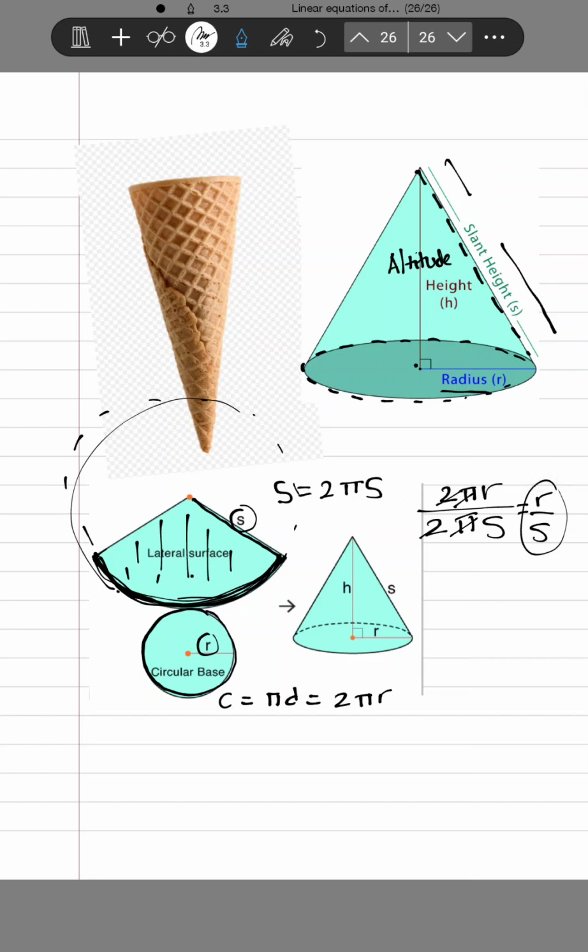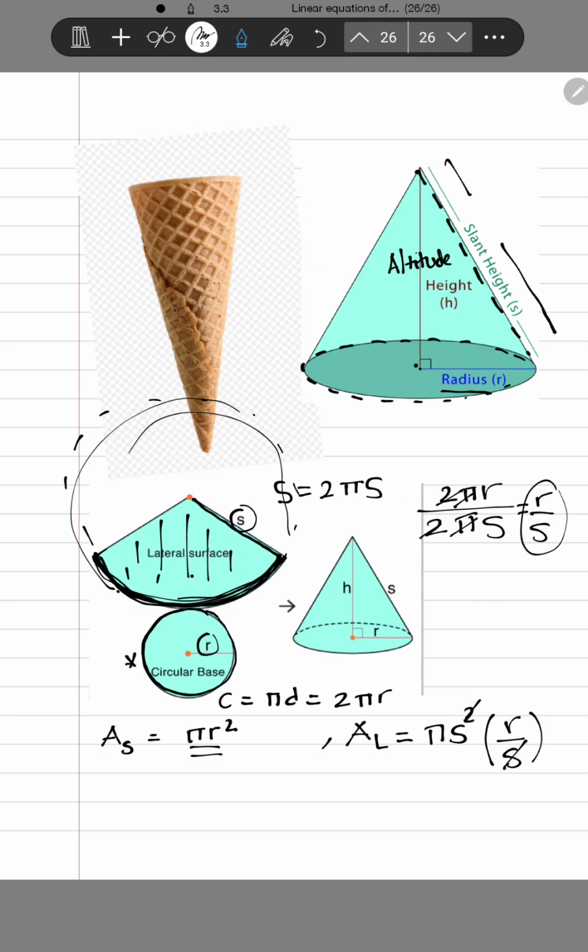Now, the area of the small circle, this one, is pi r square. That's just the formula, pi r square. Area of the large circle section is equal to pi slant height square, times the ratio of small r to s, that part of the big circle.